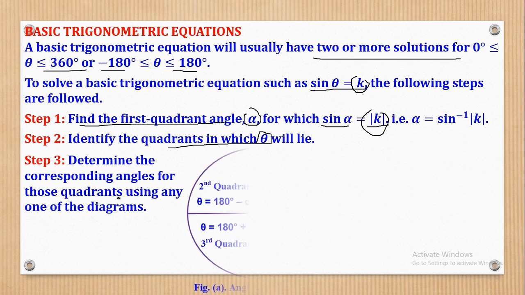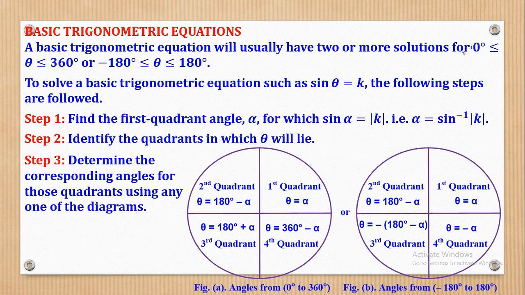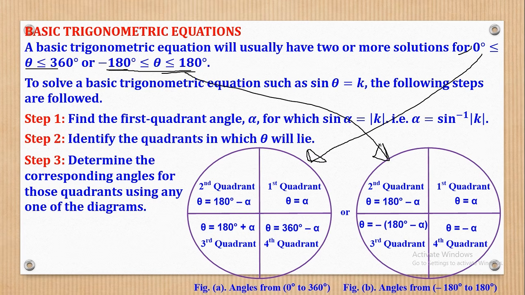So remember we said that the ranges can be from 0 to 360 degrees, or they can be from negative 180 to 180 degrees. So if it is from 0 to 360 degrees, this is the quadrant diagram which is of interest, and if it ranges from negative 180 to 180, the quadrant diagram of interest is this.